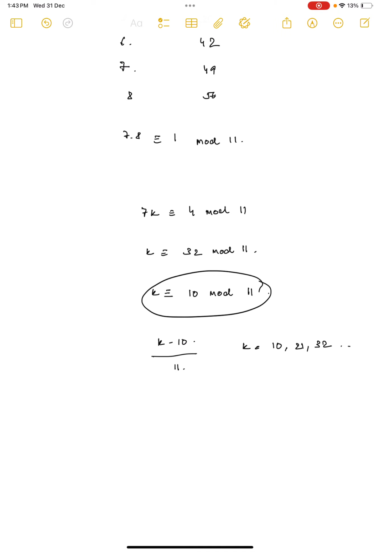But since we want the smallest value of k, or the smallest natural number n, we take 10. So 7 into 10 plus 4 is 74. And 74 when dividing by 12 leaves a remainder of 2. 74 is congruent to 2 mod 12.